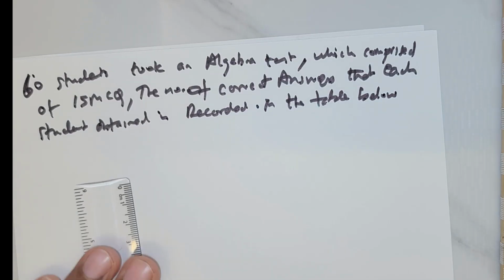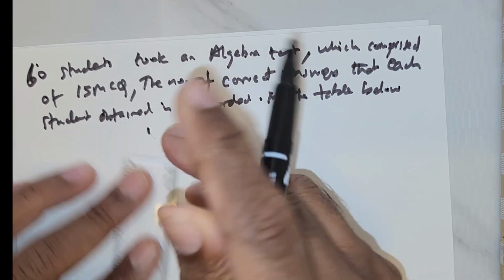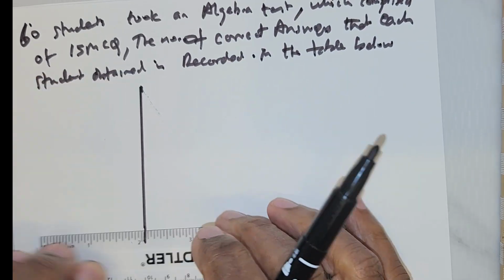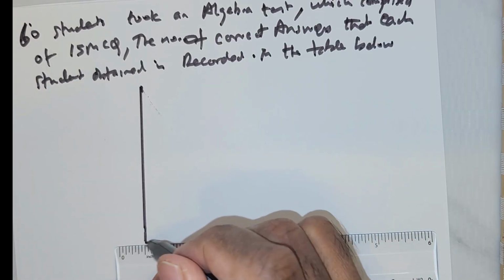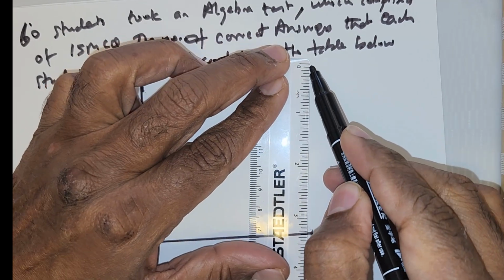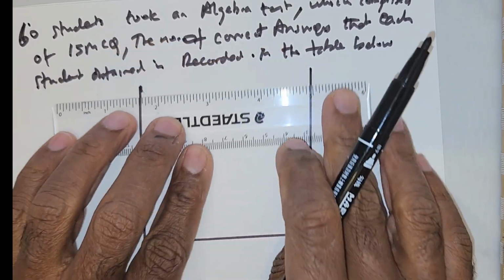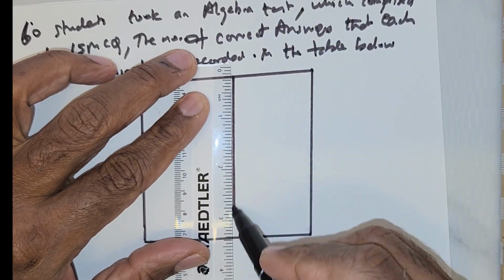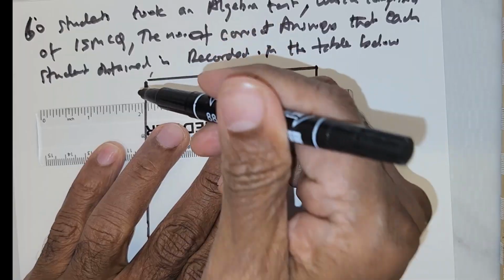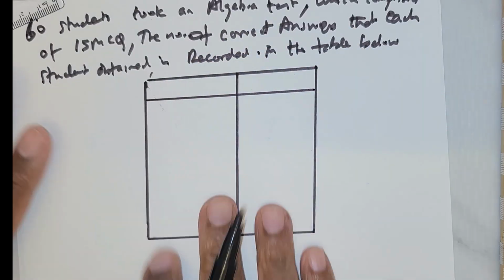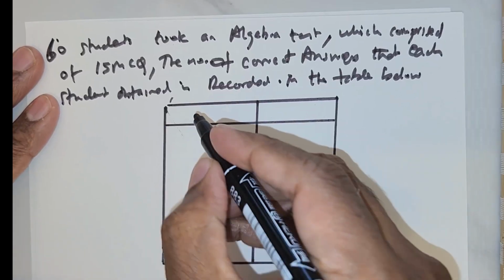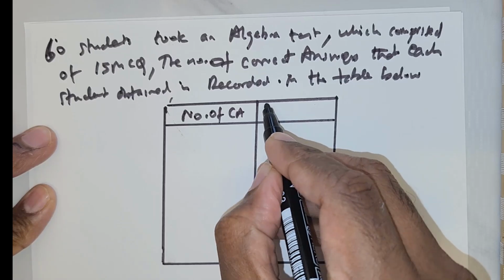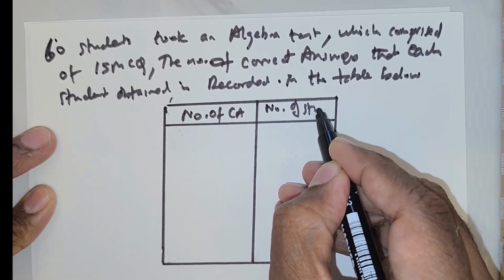So let me draw the table. Okay, number of correct answers, and this is number of students.